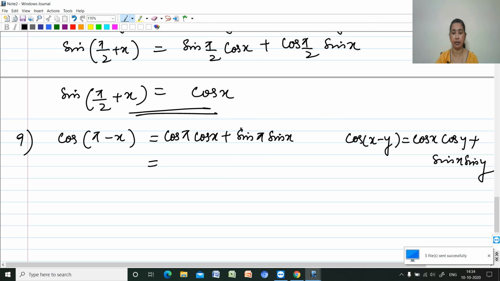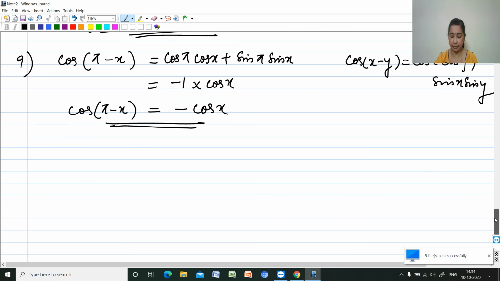Since sin pi, all multiples of pi, is 0 in the case of sin, this part will be 0. Remaining is cos pi into cos x. Cos pi is minus 1 into cos x, which is equal to minus cos x. So, cos of pi minus x is equal to minus cos x.